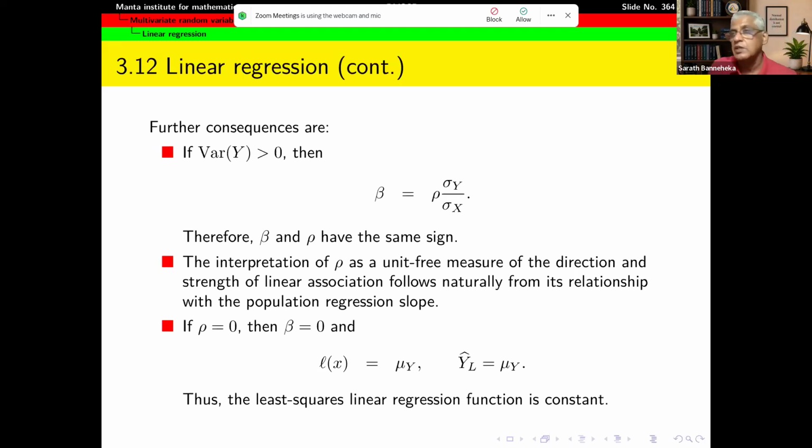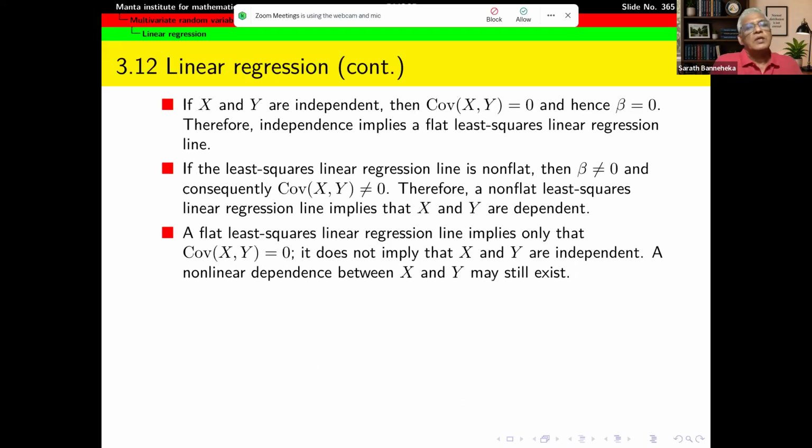The best prediction means the prediction that gives you the minimum squared difference between the y and the predictor. If x and y are independent, then the covariance is zero, right? And hence beta equals zero. So now we are talking about the other way around.